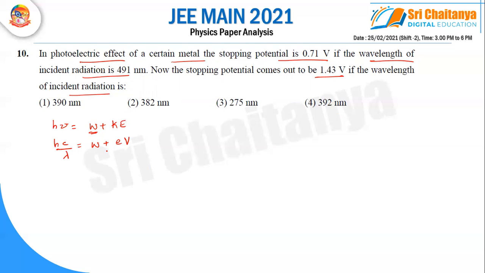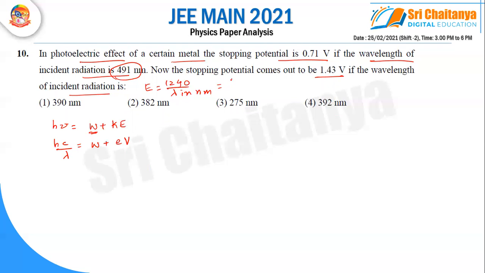Since the lambda value is given in nanometers, let me put energy equals 1240 by lambda in nanometers.